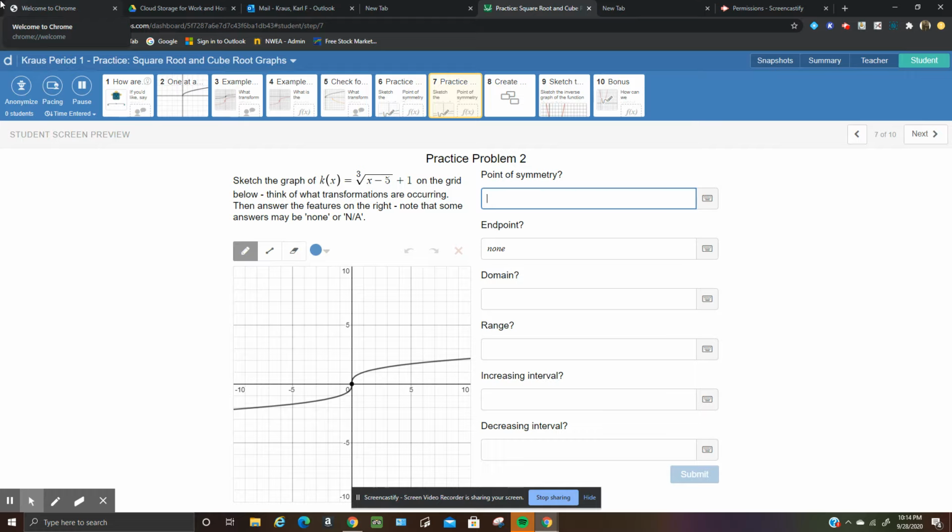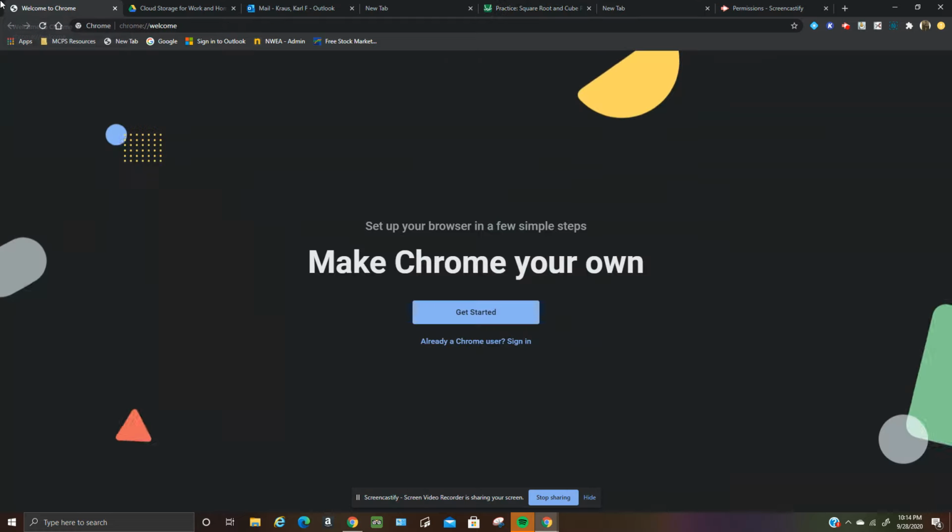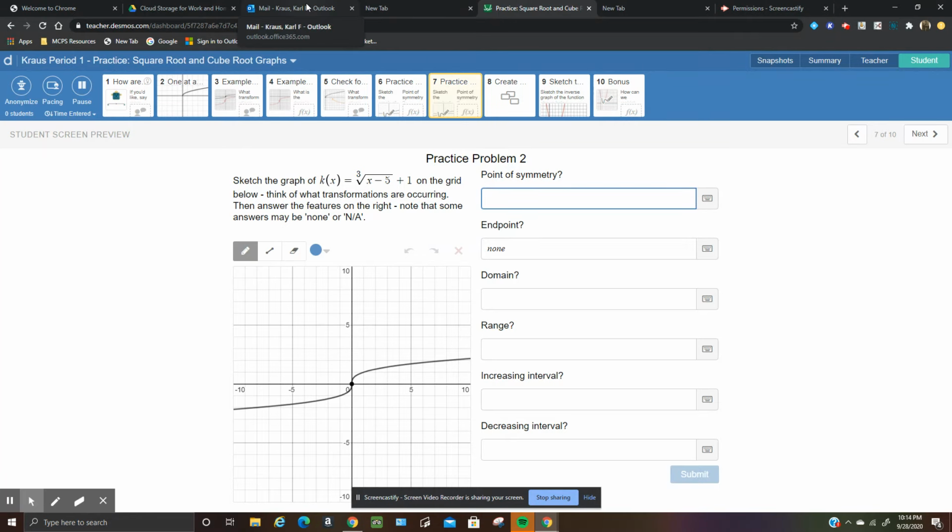So let's see if I can get this slate going here.